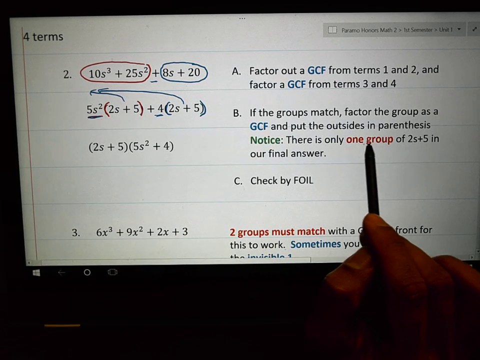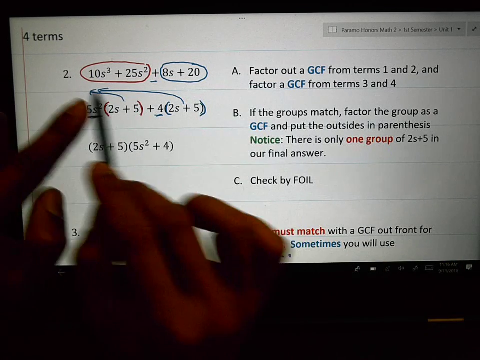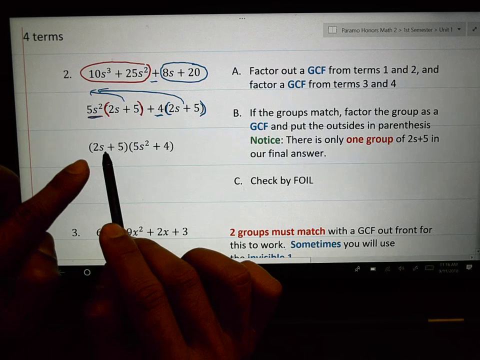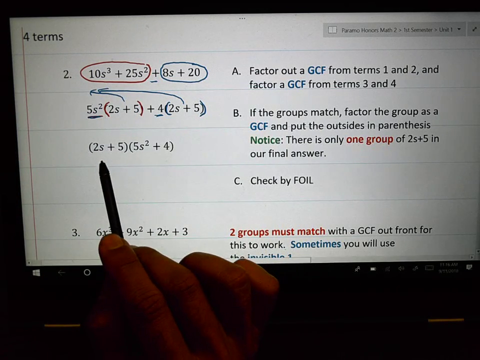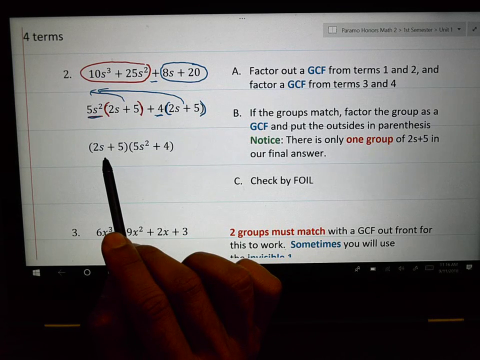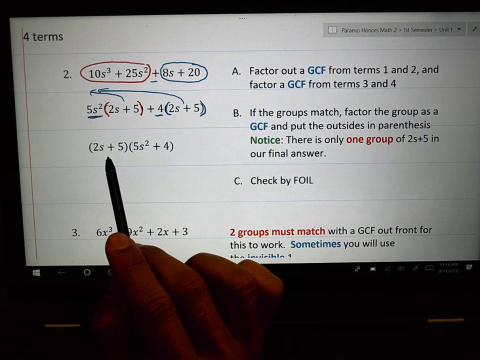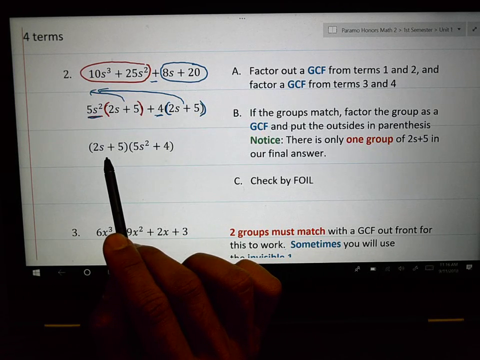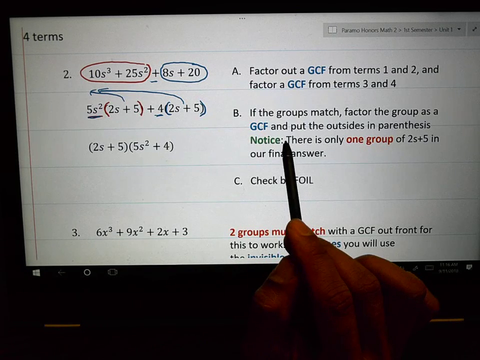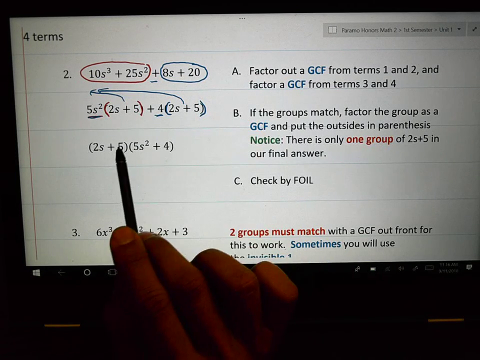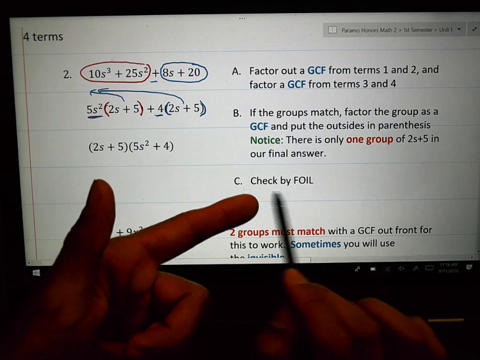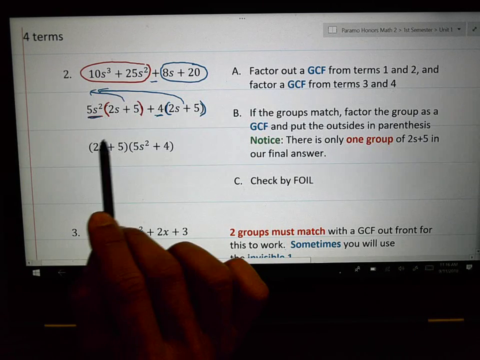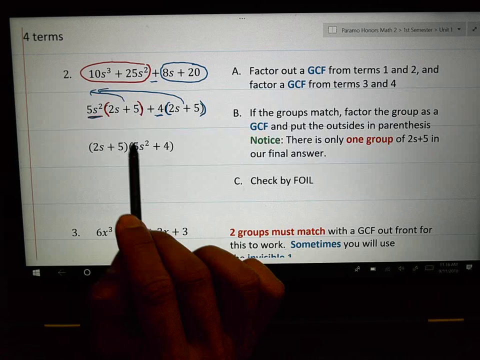There's only one group that, when you pull out that GCF, goes in front, because it multiplies both of those things. We do not write it twice. We do not write it twice, and that's a common mistake. So if you understand that, then that is why this thing works. Let's check it by FOILing. This times this is 10s to the 3rd.